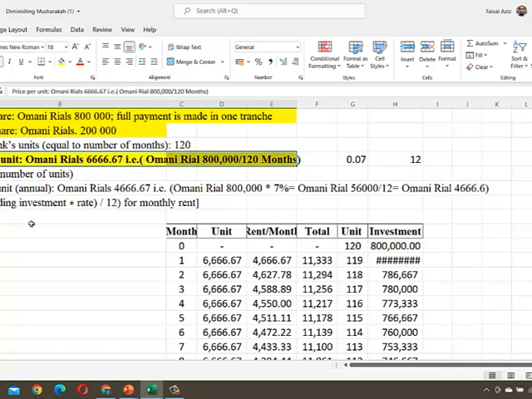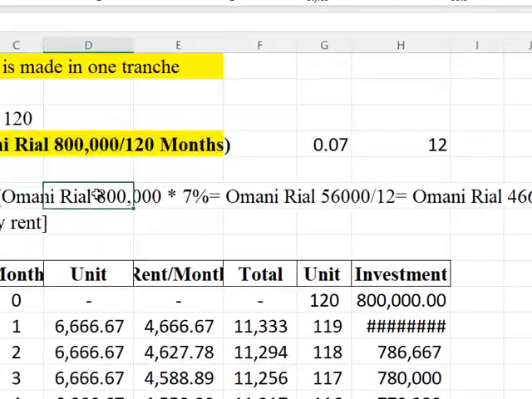Similarly, to calculate the rent, because the customer has to pay initially only the 20% and the customer will be living in the house which is purchased jointly by the bank and the customer, the customer will have to pay rent because the customer is using 80% of the bank's property. So how to calculate the rent? Initially the rent will be at the 7% rate which is already given.